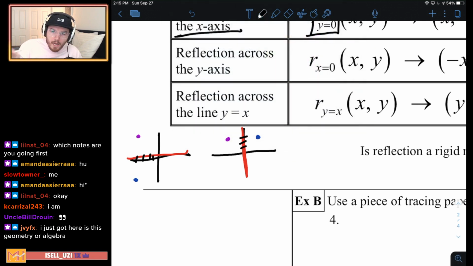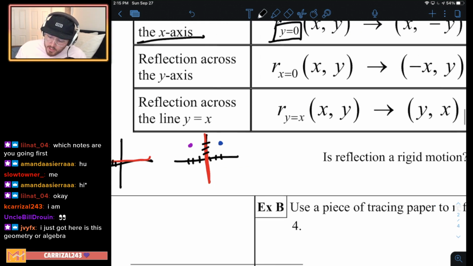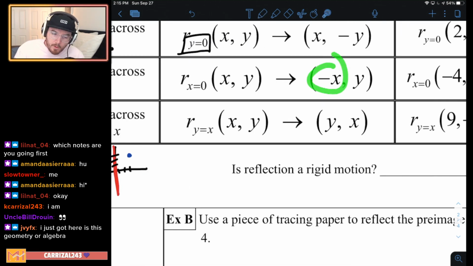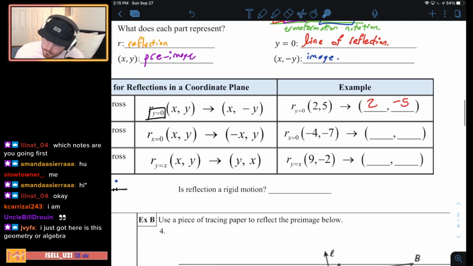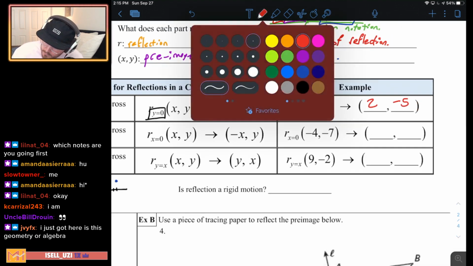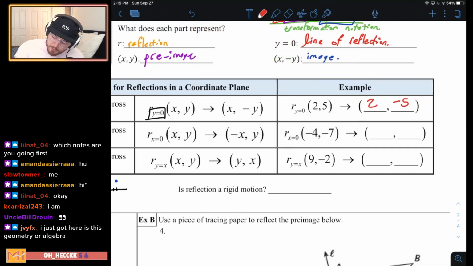The y value is staying the same as it flips across, but the x value is clearly changing, flipping to the other side. So that's why this time around the x value has been flipped, but the y value stayed the same. And this becomes, I'm flipping the -4 and becoming a +4, but the y value stays the same.